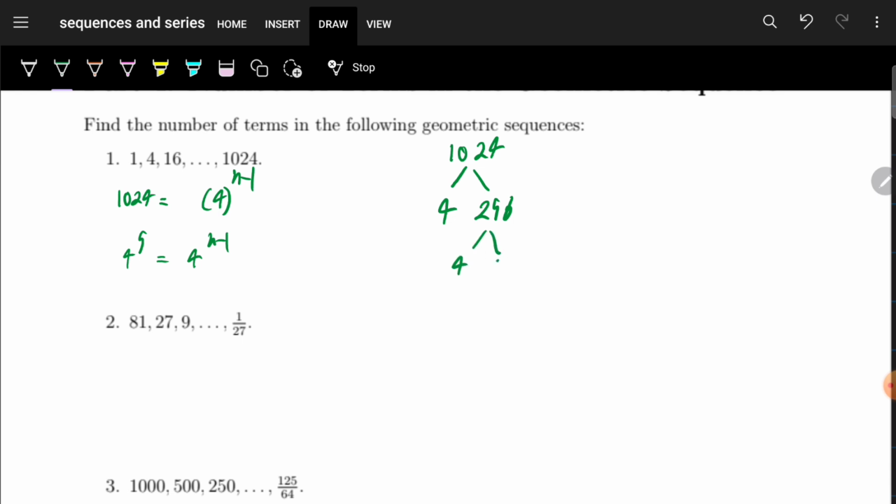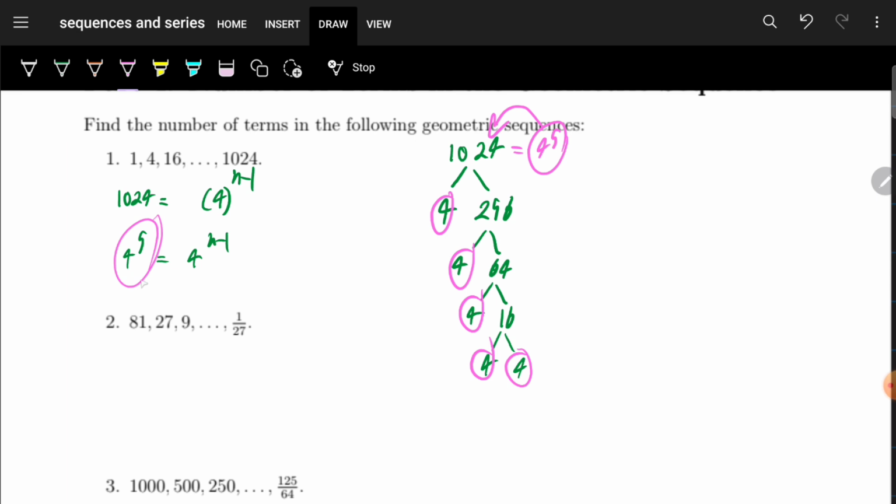That's going to give me 64. Divide, oops, not multiplied. Divide that by 4 again. That's going to give us 16. Divide that by 4 again. We get 4 and 4. So we have 1, 2, 3, 4, 5 4s. 4 to the power of 5 is equal to 1024. That's how you get that number. Okay, so it's all done using this division tree setup.